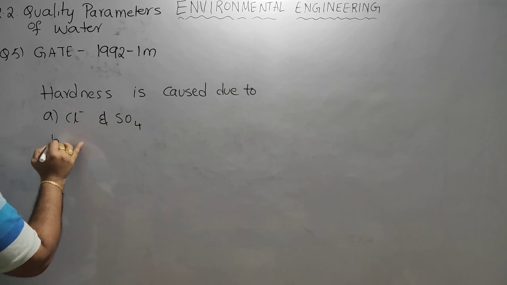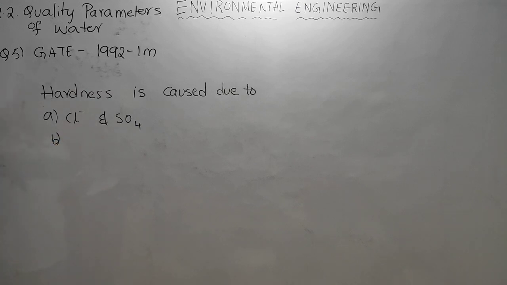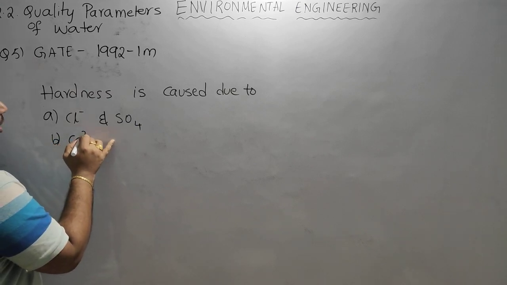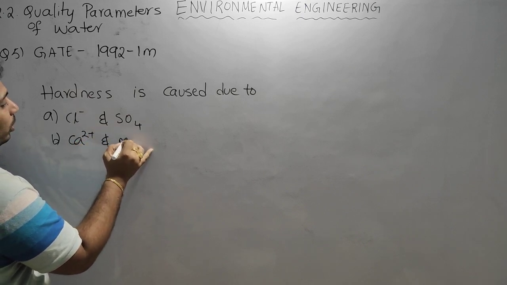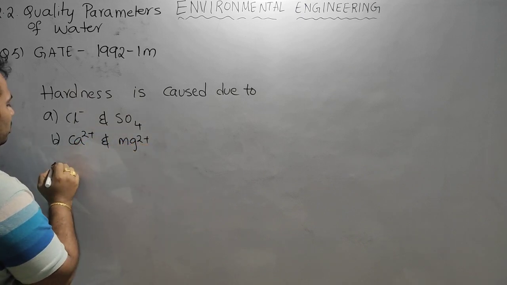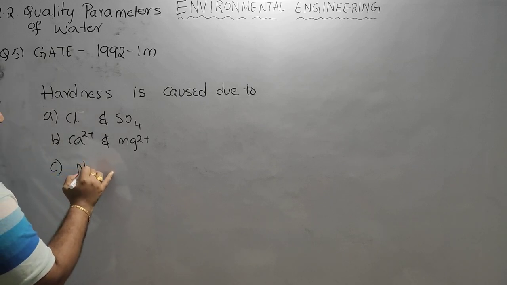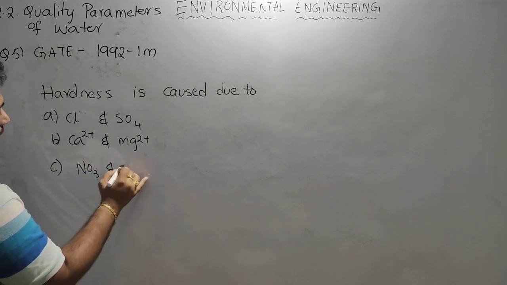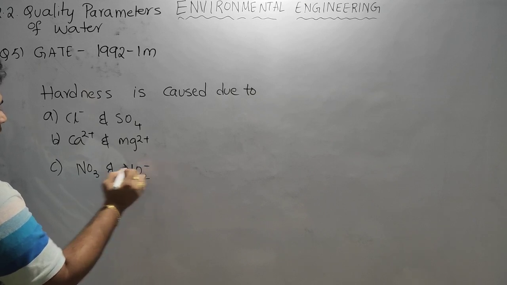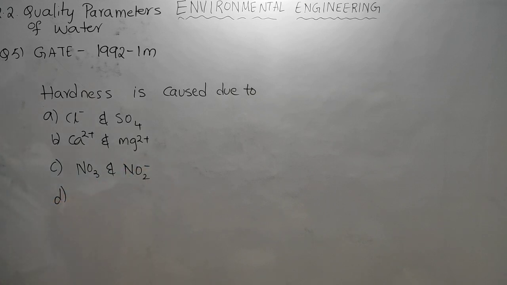Option B is calcium and magnesium. Option C is nitrates and nitrites. Option D is sodium and potassium.